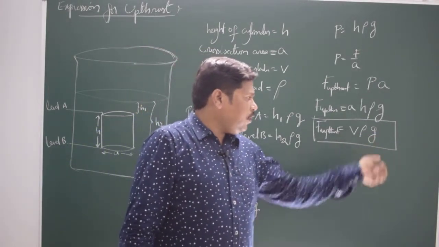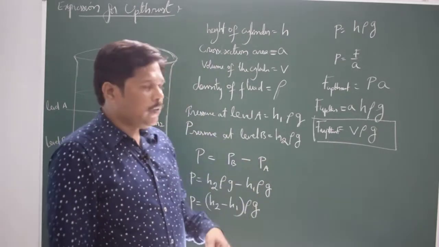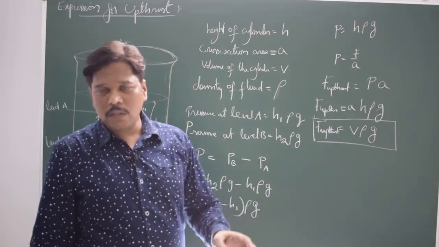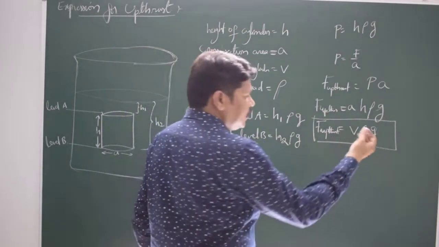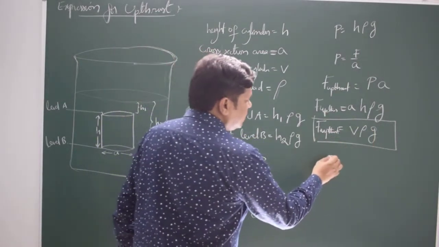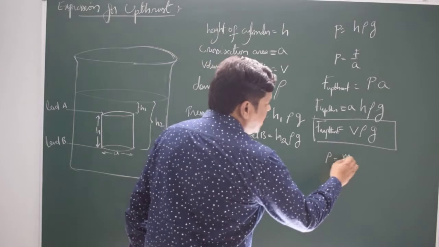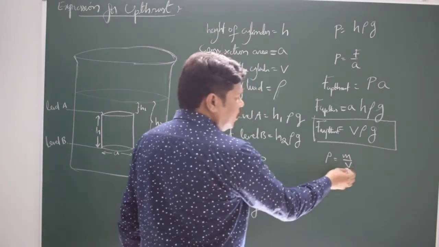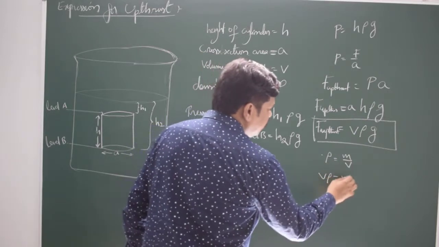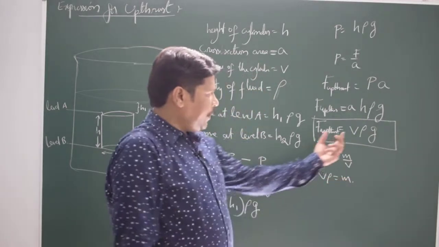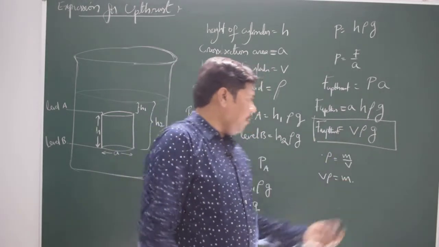Volume into density, one more equation we are going to write that is very close to Archimedes principle. We have learned density is equal to mass by volume, so volume into density will give you mass. In place of volume into density, you substitute mass.